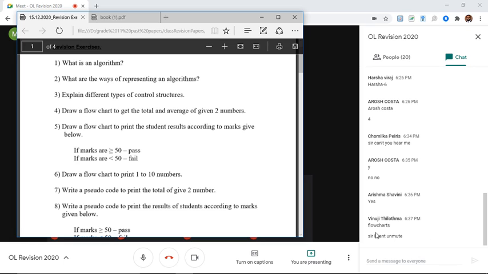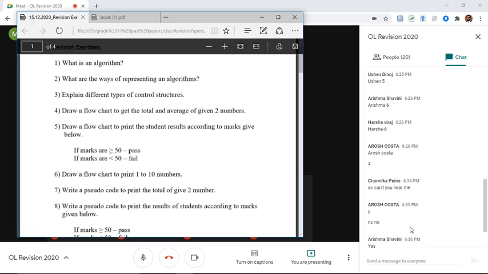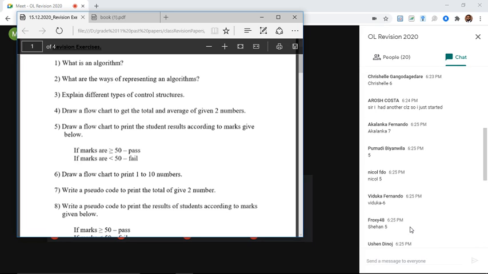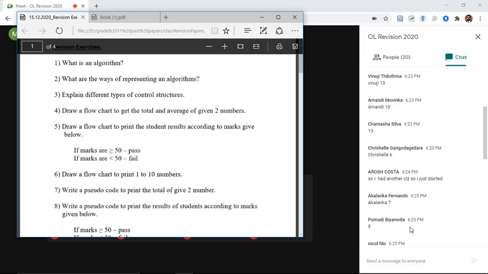Okay, Vinuji. Okay, flowchart is one method. Okay, what is the next method? Amandi, what is the next method? Flowchart and pseudocode.